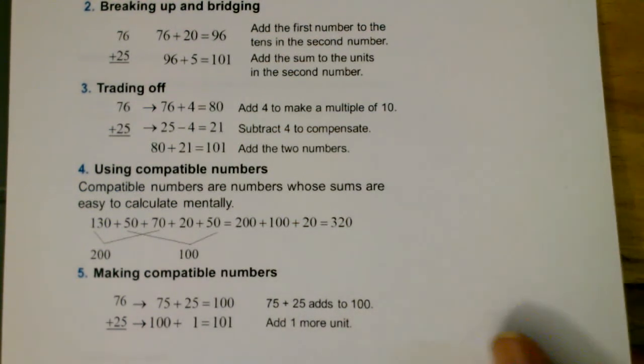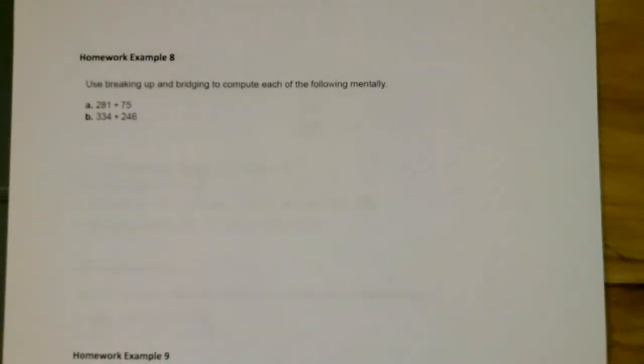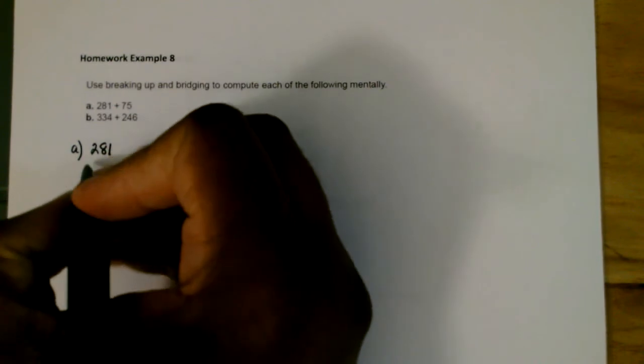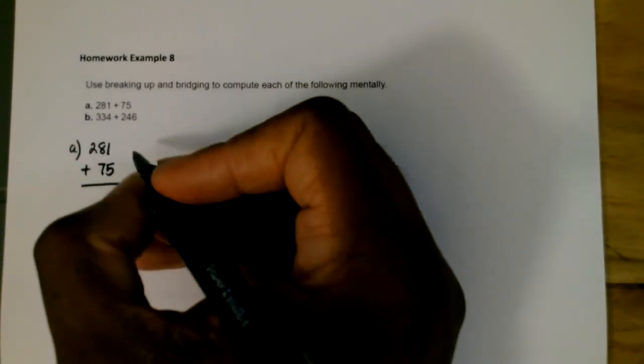All right, and some of these mental math techniques will be used in these examples. Let's say we want to use breaking up and bridging to compute each of the following, like 281 plus 75. So if I want to use that breaking up and bridging approach, this is what I'll do.